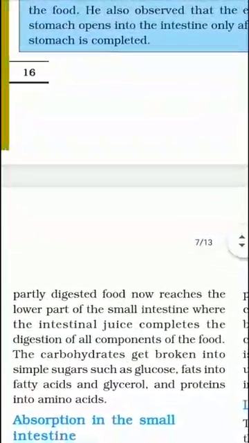The partially digested food now reaches the lower part of the small intestine, where the intestinal juices complete the digestion of all components of the food. Carbohydrates break down into simpler sugars such as glucose, fat into fatty acids and cholesterol, and protein into amino acids.